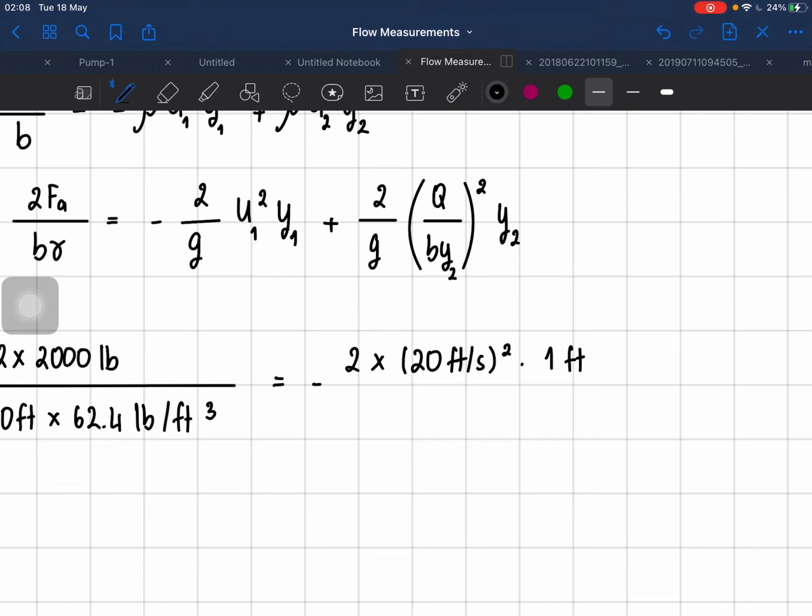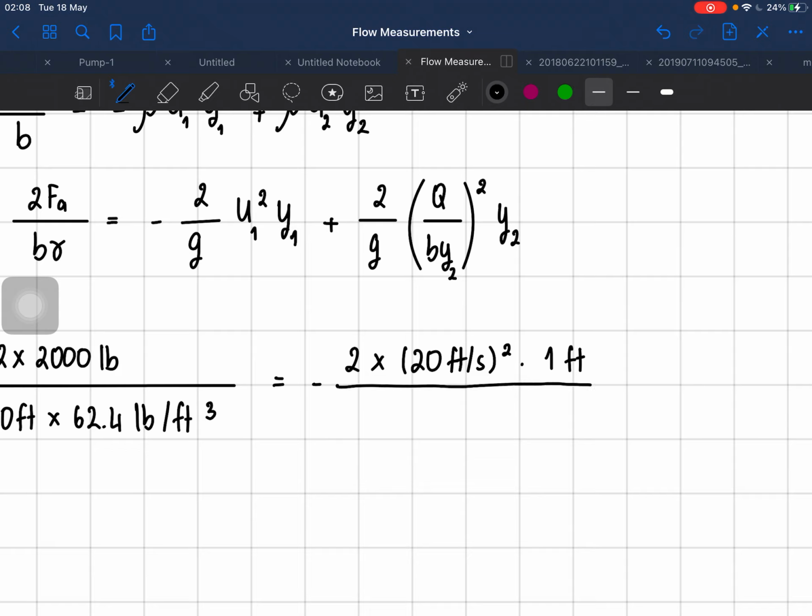As you know the channel width is 10 feet, so we can find V by 200 divided by 10, which is 20.